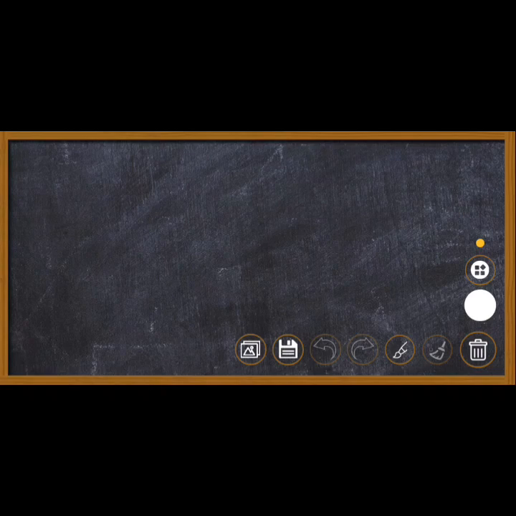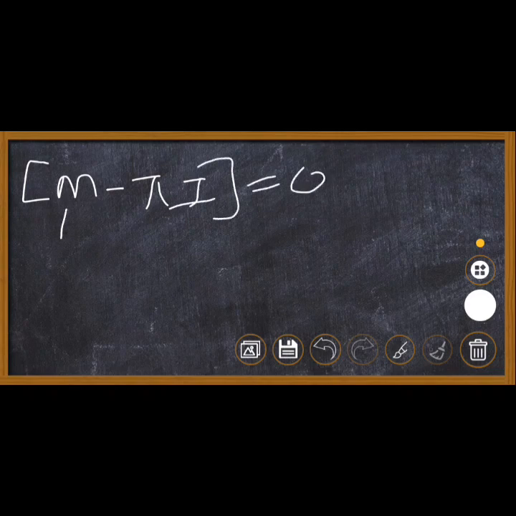Okay, so first of all, before we go into answering questions on eigenvectors and eigenvalues, there is a standard way of writing the matrices, because we are going to begin with matrices. The matrix in this case is written in the form where we have M minus πI equals 0, where M is the matrix that has been given in the question.